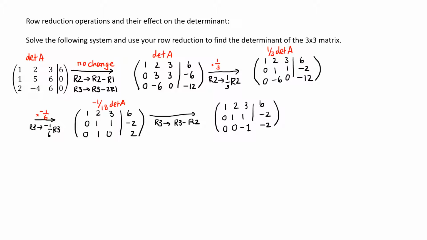So correction, that last value should be 2 minus -2. This should be 4. Feeling a little sleepy today. Okay, and what did it do to the determinant? There was no change. So we're left at -1/18 times the determinant of A.